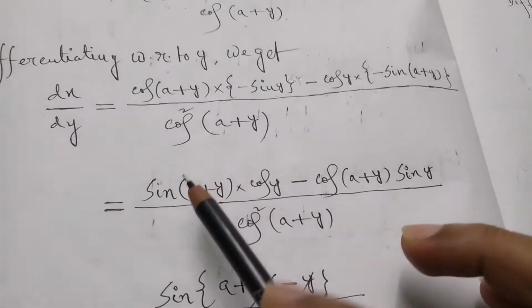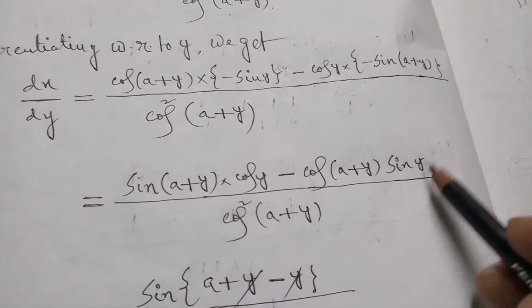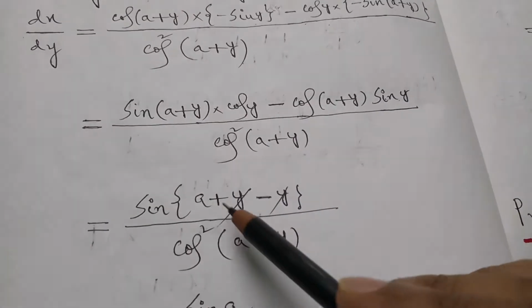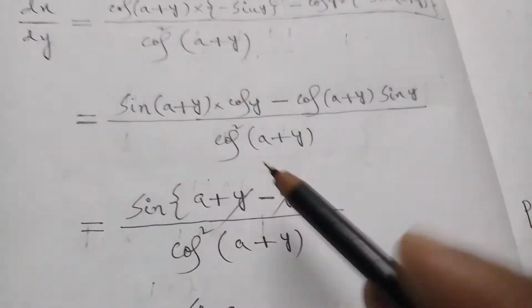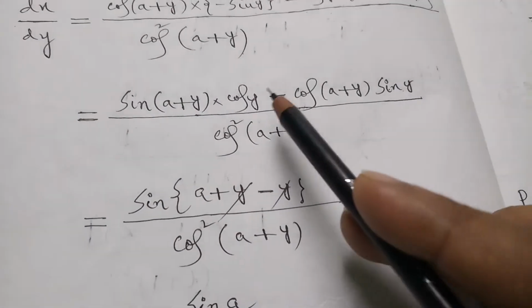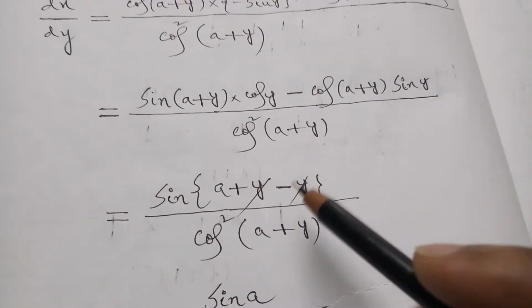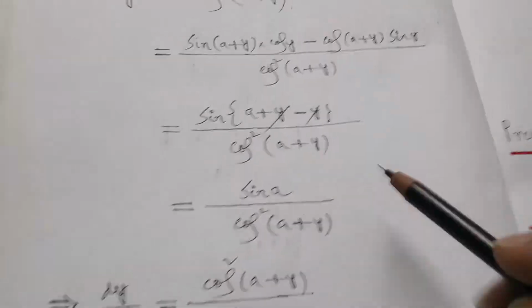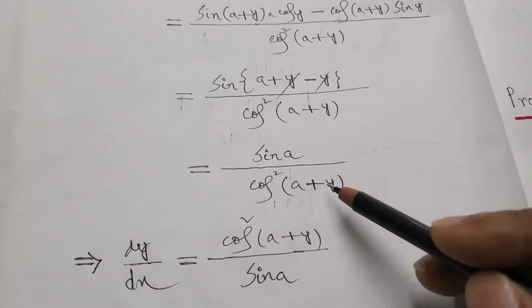So it is sin a cos b minus cos a sin b, that should be sin(a minus b). What is your a here? a + y, minus what is your b here? y. So y cancels out, so it should be sin a by cos²(a + y). dx/dy equals sin a by cos²(a + y).